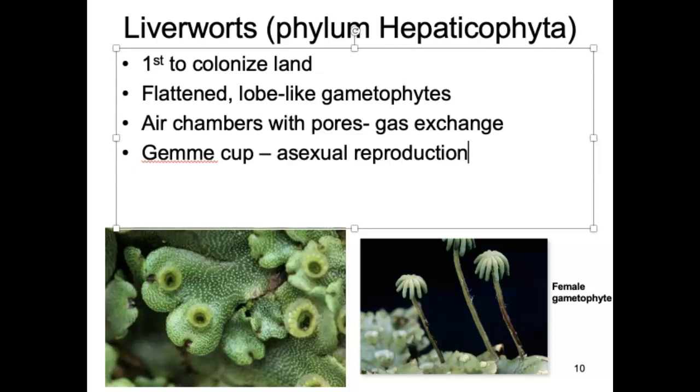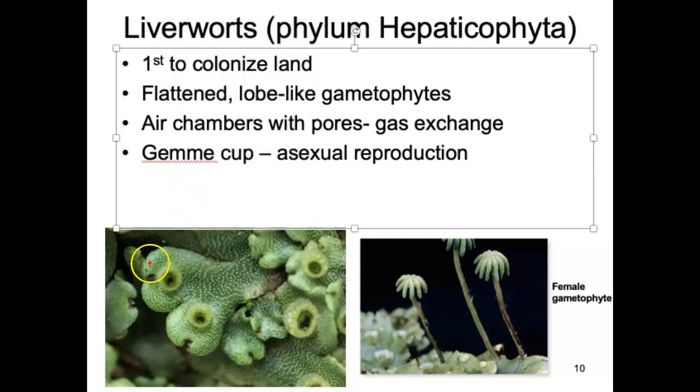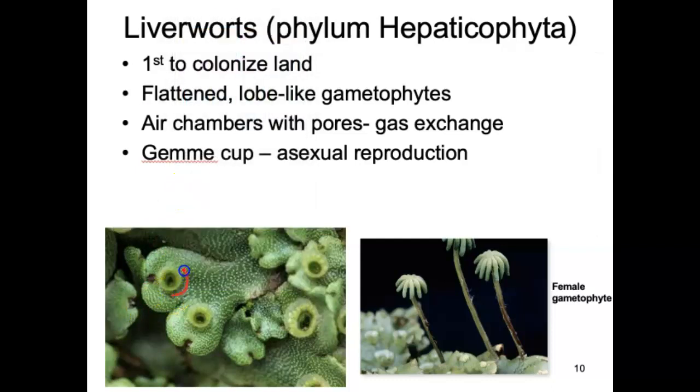That they use for reproduction. Let me circle that or point that out. So the gemma cup is this little structure right here, over here. From the side, the gemma cup looks kind of like a little cup.